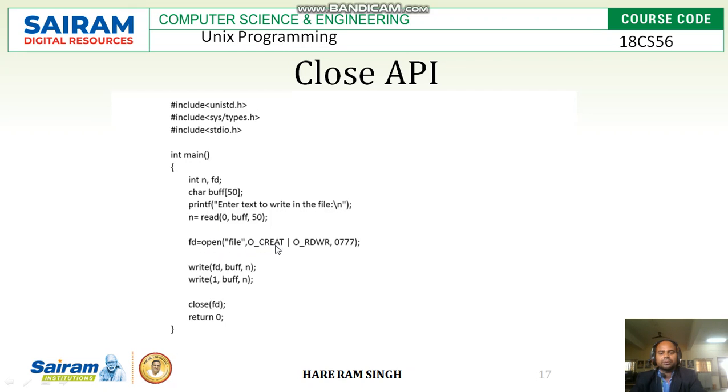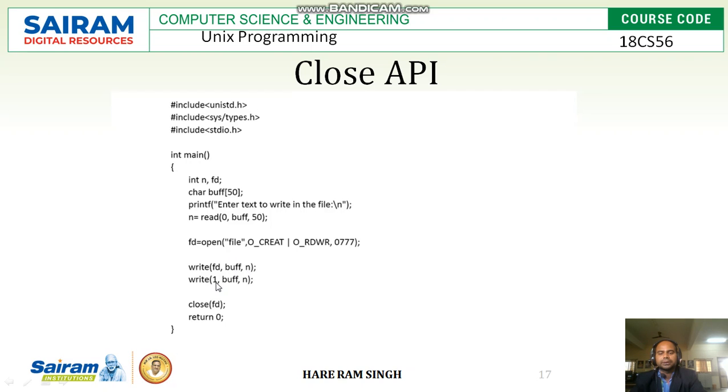Next, open the file for create and read and write operation, and it is assigning read, write, execute for user, group and others. Now it will return an integer value that is called file descriptor. Now we are writing the file descriptor, the buffer, and n value.